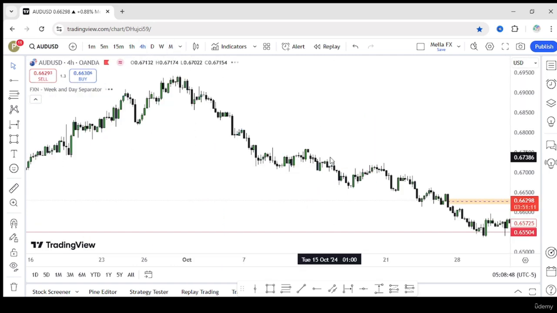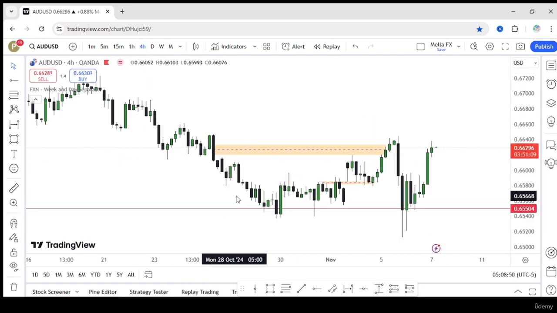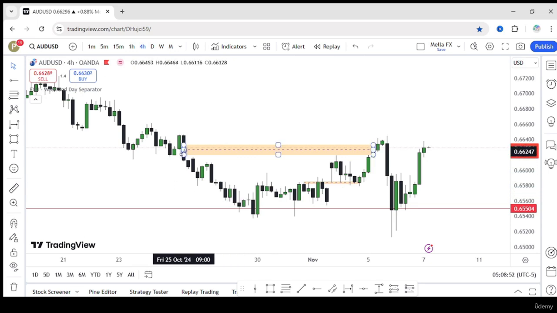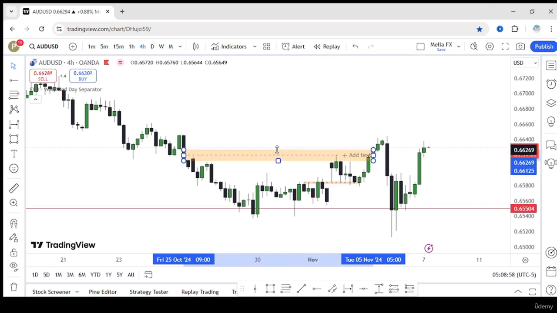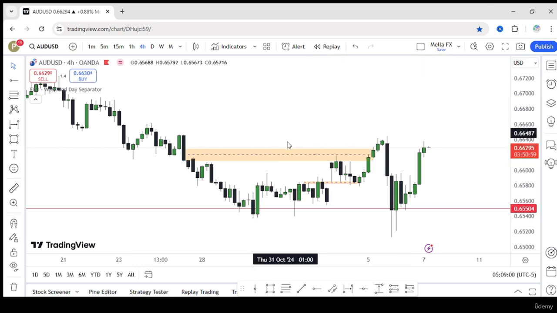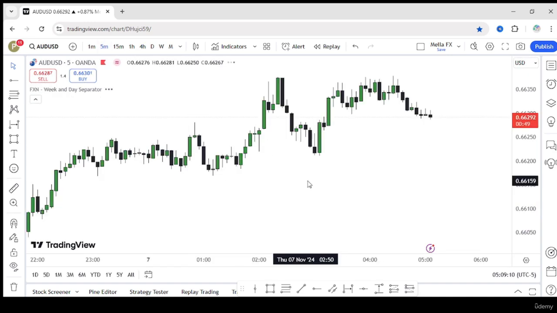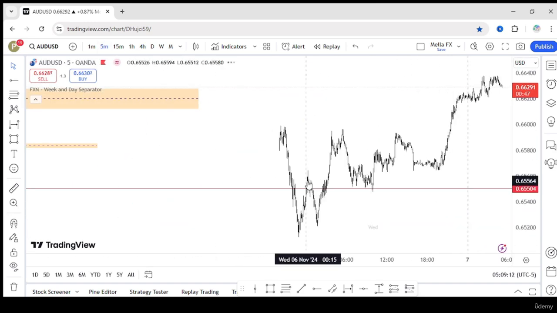We can also use 4 hour if we have this one. So that's where we want to capitalize on our exit. But remember, the market has a high chance of running even up above, but we just want to focus on that rebalancing. So with that in mind, we go back to the 5 minutes.